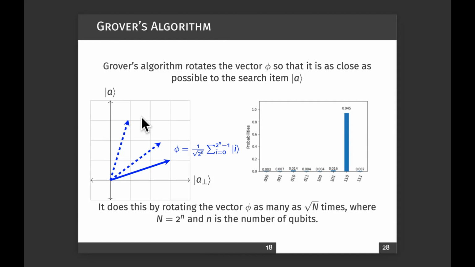When I say a few times, it's like the square root of n. So if there are 2,500, then the square root of that is 50 times. You rotate, and then you will have a very high probability of getting this answer here. So that's Grover's algorithm. As you can see, the way things are programmed in quantum computing is different from what we are used to, and it's still difficult.